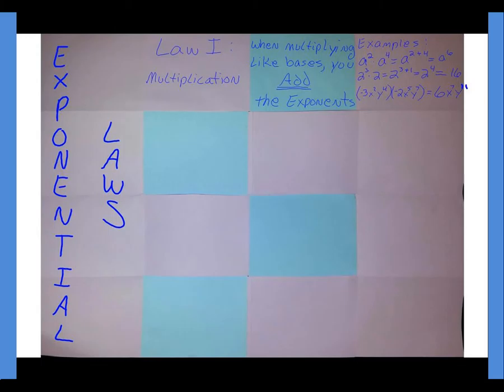So, examples. A squared multiplied by, and please be sure to use that dot for the multiply, A to the 4 equals A to the power 2 plus 4, which means A to the 6.